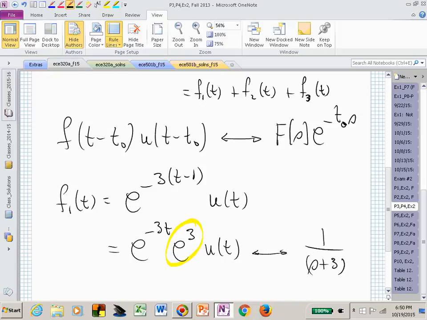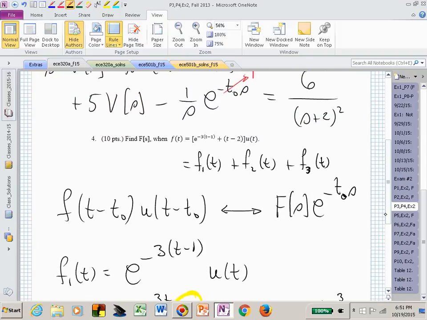And that I have highlighted is just a scaling factor. So that's the first part of that Laplace transformed expression. So now I have 3 of the 10 points. I have a third of the problem solved. Is everybody clear where that came from?